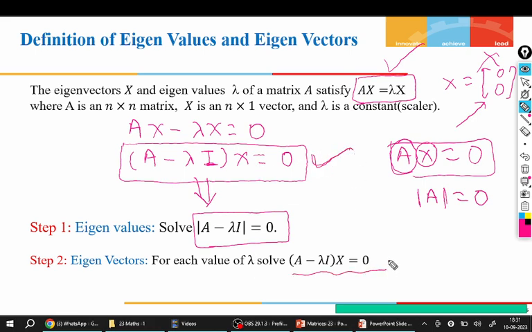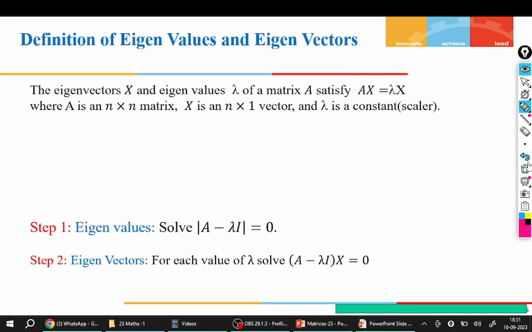So there are two steps. Step 1: we always get the eigenvalues by equating the determinant of A minus lambda I to 0. This equation is also known as the characteristic equation of the matrix A. For each value of lambda, we then solve the matrix equation for the eigenvectors.